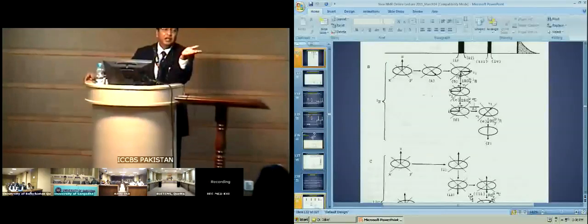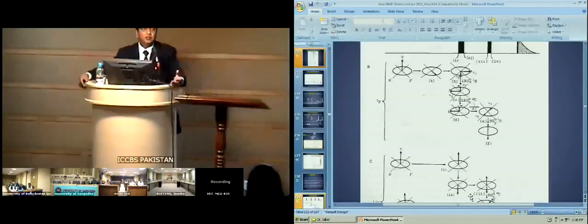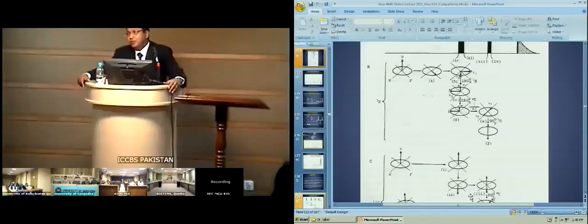There was no technique available at that time to link proton with carbon. So what he used to do was very simple. He used to have a proton NMR spectrum in front of him and a carbon-13 NMR spectrum in front of him.